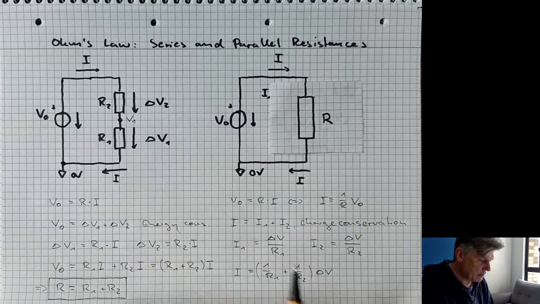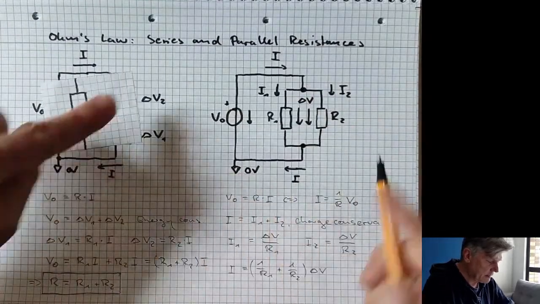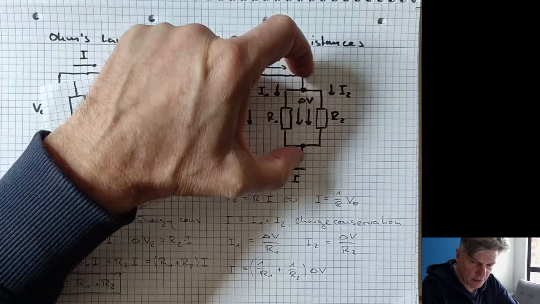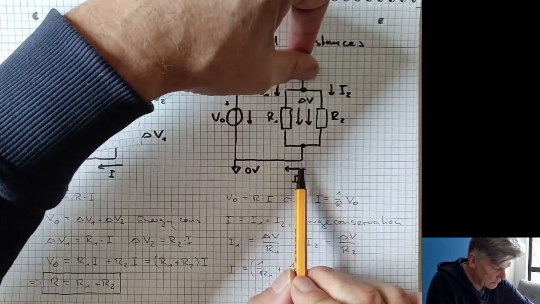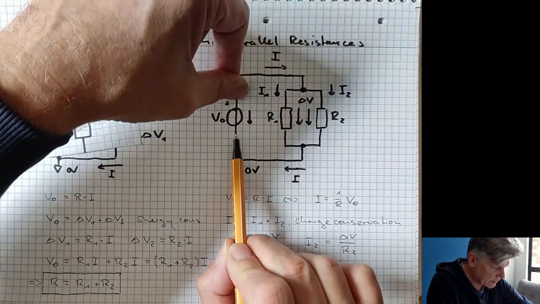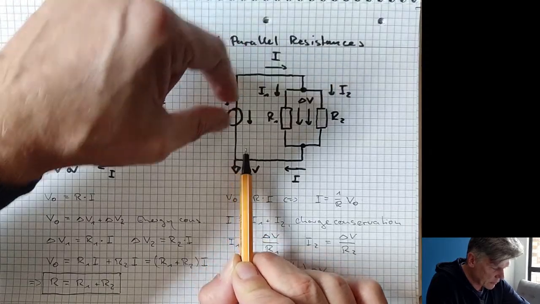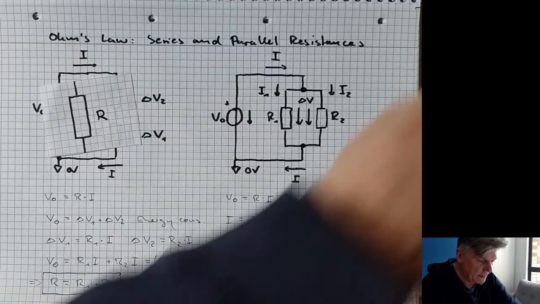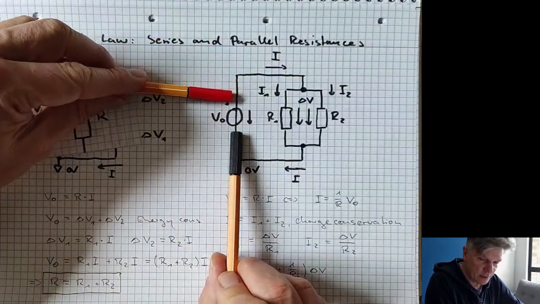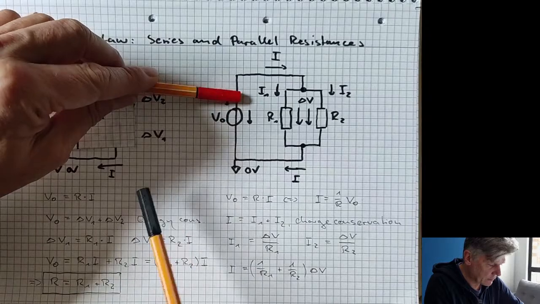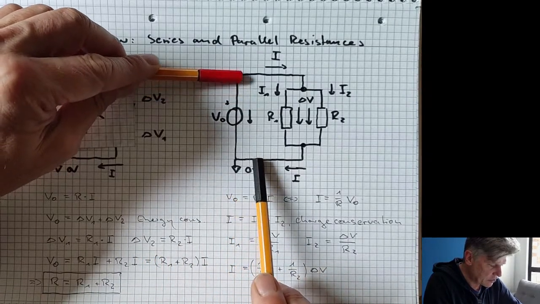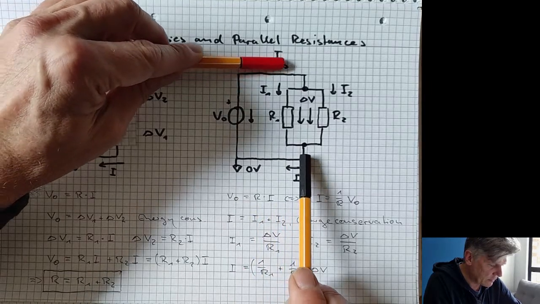I forgot to mention, of course, that the voltage drop dV here between these 2 nodes is the voltage of the ideal voltage source, right? So let's see. Let me take these 2 pens. Here we have a potential of, let's say, plus 5 volt, here 0. And you see there is nothing in between which changes the potential. So the potential is still the same, right?